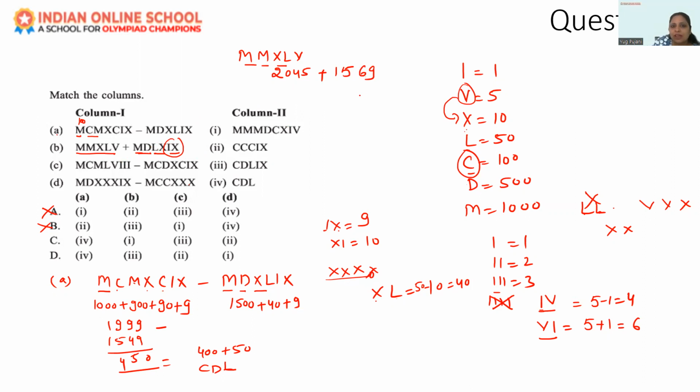Let's add them. 9 plus 5 is 14. 4, then 6 plus 4 is 10, 1 carried, 11, 1. That's a 6, 2 plus 1 is 3. Can you see 3614? 3000 we can write with 3 M's. 600 will become DC, because D is 500. And 14 is XIV. So MMMDCXIV.